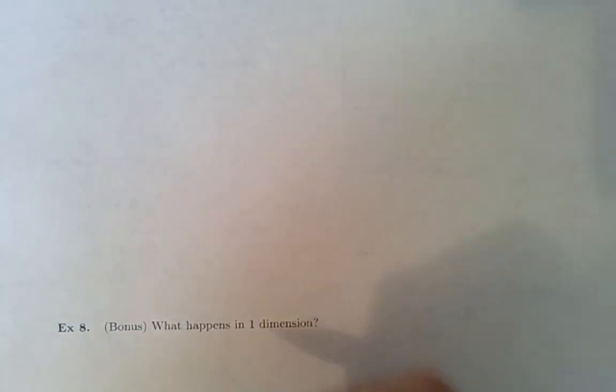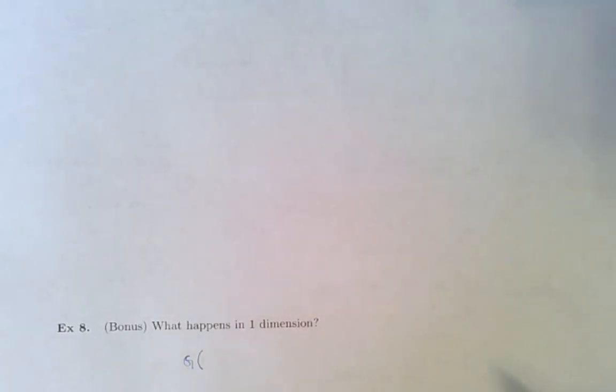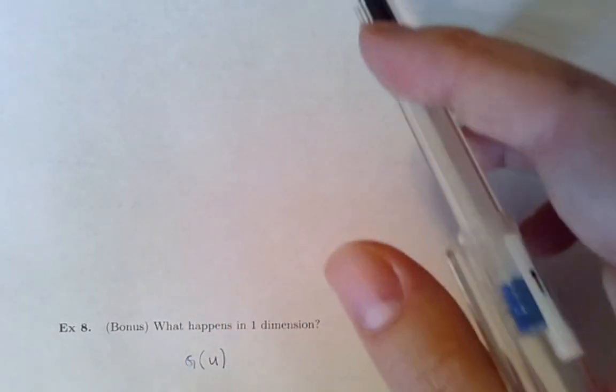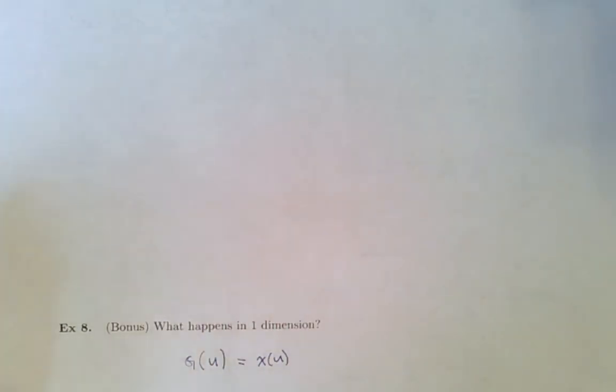So what is G? Well, G is in terms of the variable u. Earlier we had u, v, and up there we had u, v, w. Here it's just u. So its output is x in terms of u.